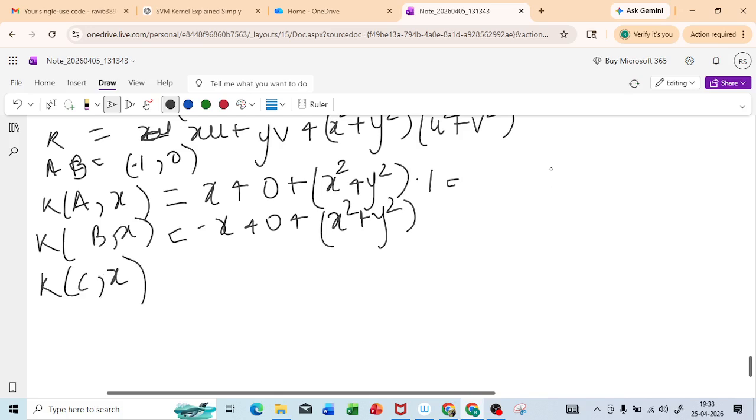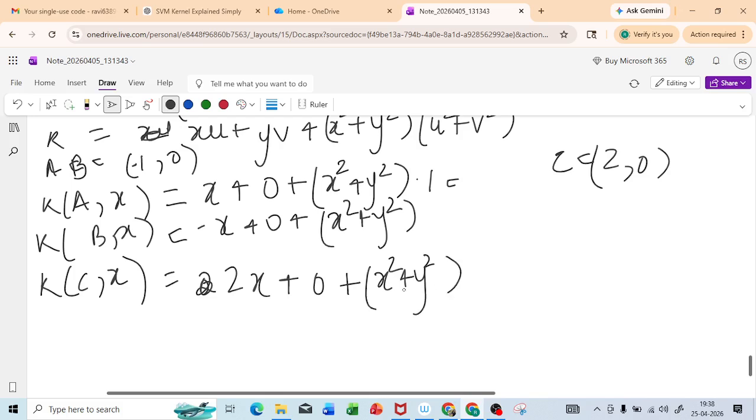We know c is nothing but 2 comma 0. So x into 2 is 2x, plus yv is again 0, plus x square plus y square still remains as it is, but now u square becomes 4, and v square is 0.